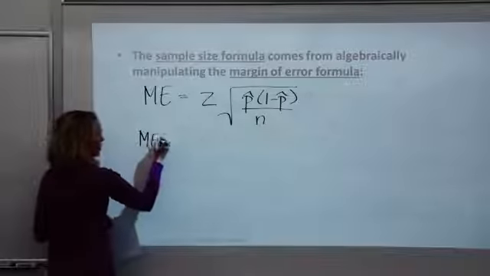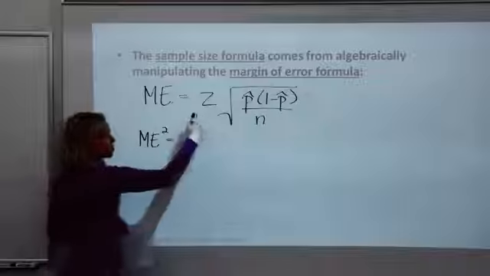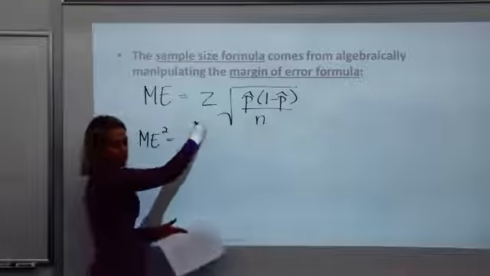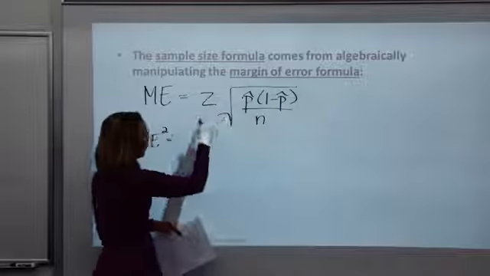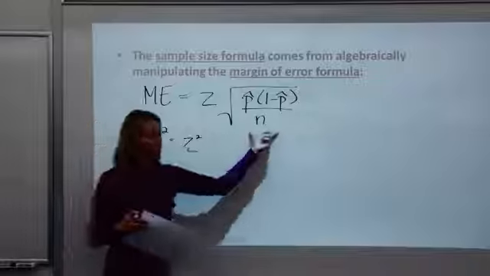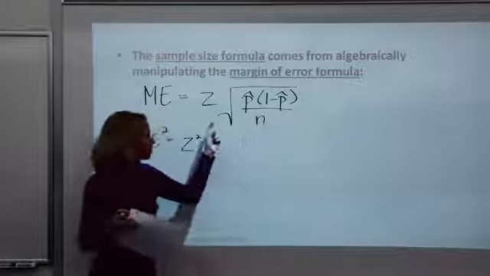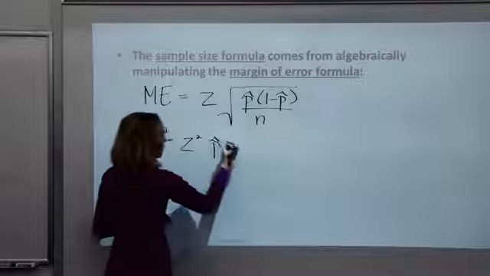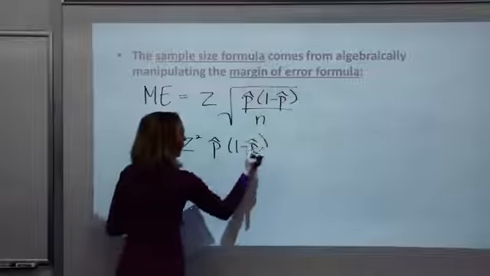So the margin of error gets squared. When we square this, if this had been 3a, you'd be squaring the 3 and squaring the a. So the z gets squared. And when you take the square of a square root, you're left with what's inside the square root. So all of this becomes p hat times 1 minus p hat, over n.